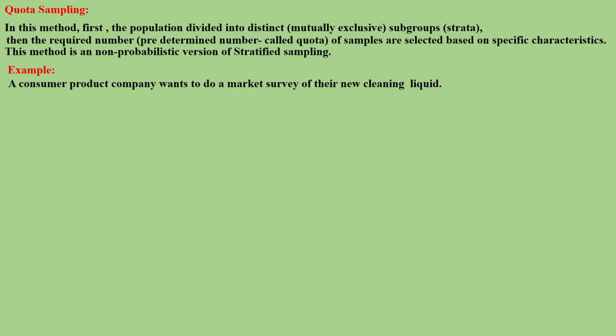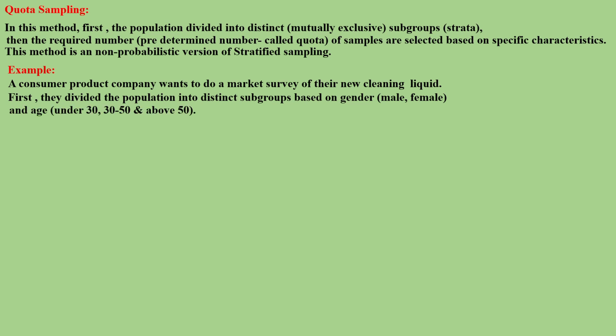This method is a non-probabilistic version of stratified sampling. Example, a consumer product company wants to do a market survey of their new cleaning liquid. First they divide the population into distinct subgroups based on gender, male, female, then age group, under 30, between 30 and 50, and above 50.